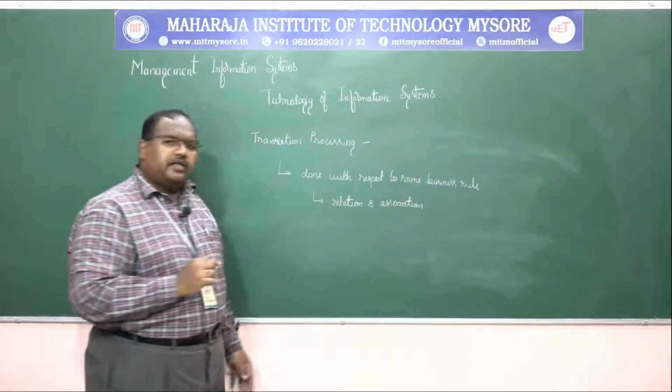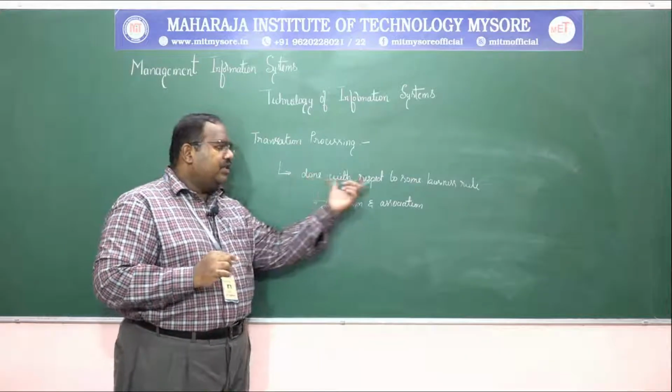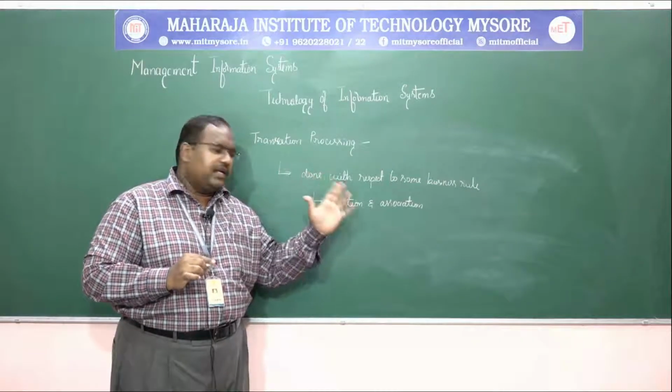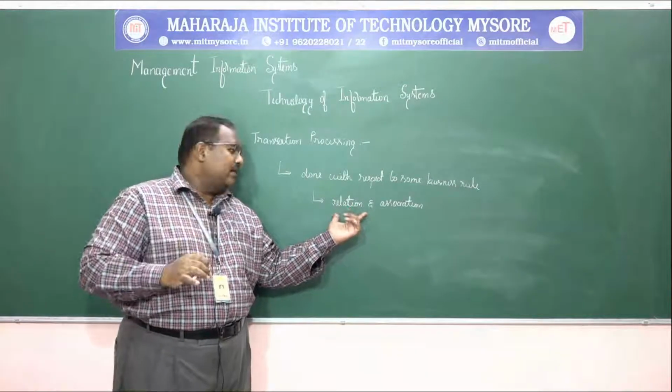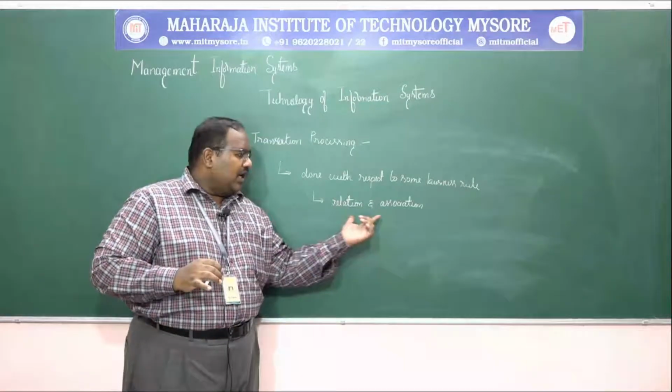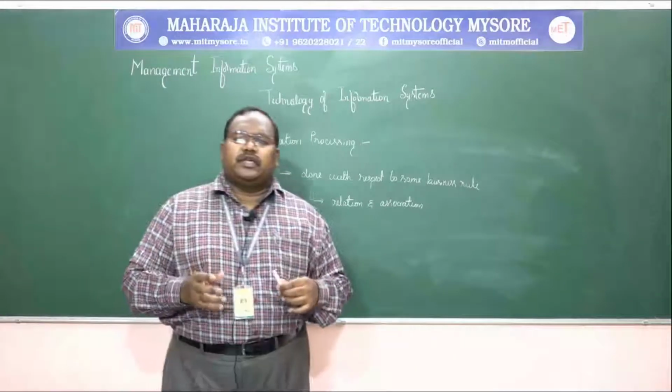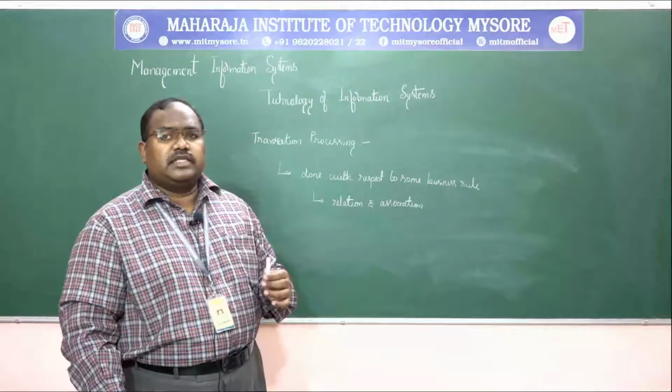So when we talk about the transaction, it is done with respect to some business rule, though it might be directly related, or due to some relation and also some association, we carry out the transaction. This is the importance of transaction.